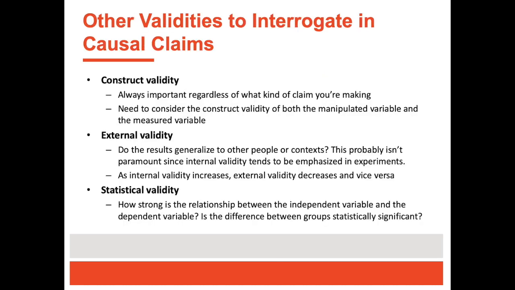So the other validities, of course, still are relevant to causal claims. Construct validity: it really doesn't matter what claim you're looking at. If the measures aren't valid, then it doesn't matter what they're claiming. It's just not accurate. So you need to consider construct validity of both the manipulated variable and the measured variable, the outcome.